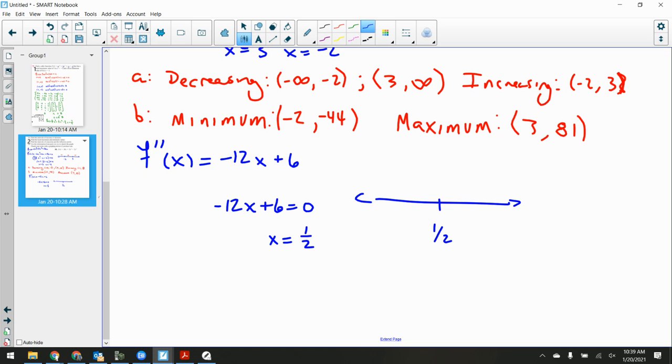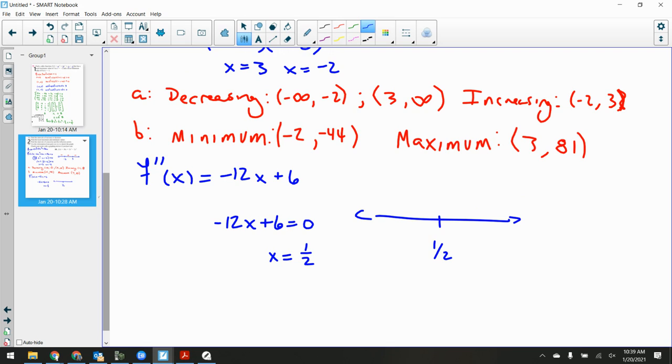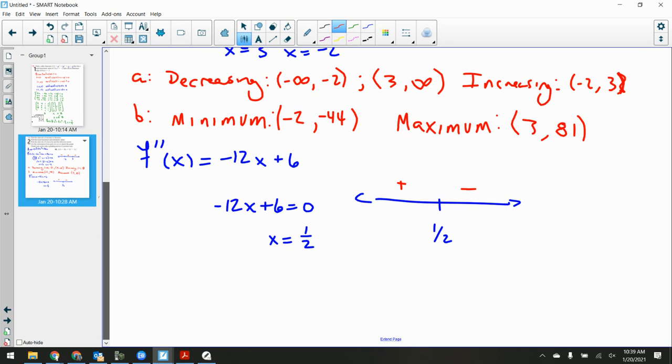There's only one critical point, so I just have to test on either side of 1/2. So let's take a look here. If I plug in something at 0, that's going to give me a positive 6. If I plug in something at positive 1, that's going to give me a negative number. So that means for part C, we know it's concave up from -infinity to 1/2.